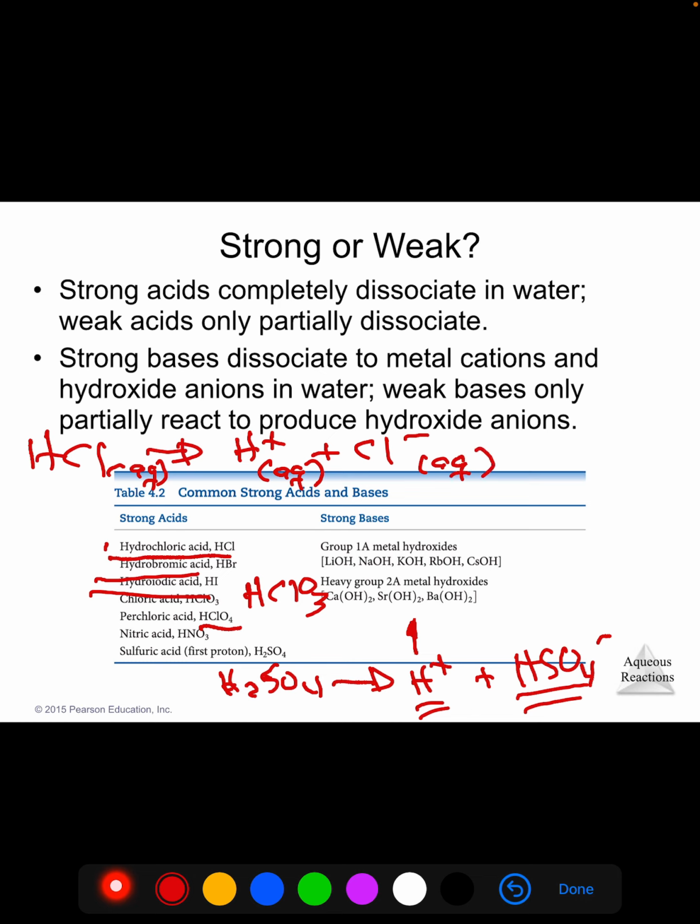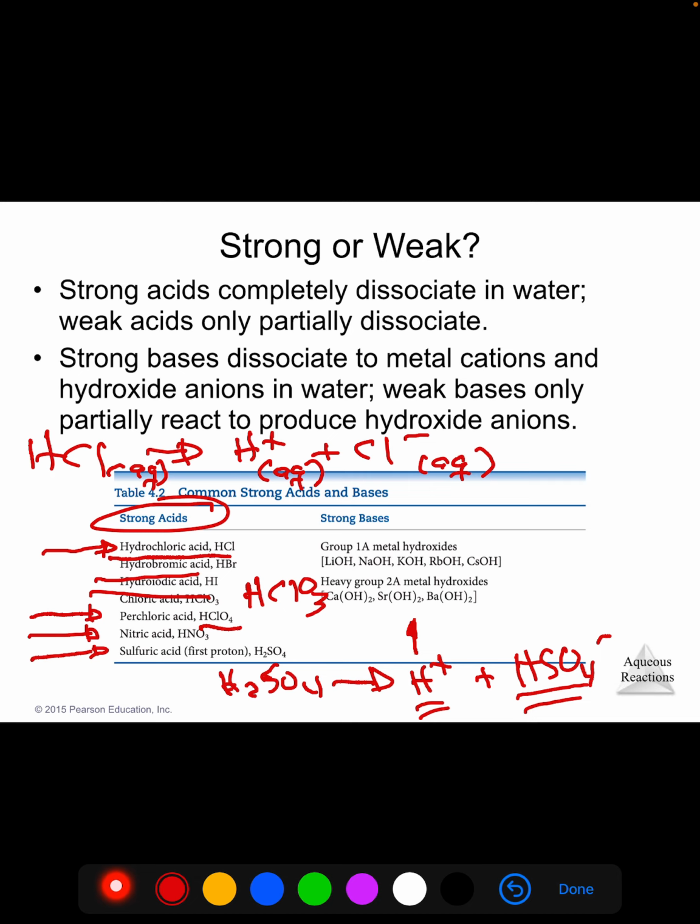Sometimes those state functions are important. So these are the strong acids, and these are really the only strong acids. They usually make people memorize them, but the ones we commonly encounter in the lab, at least the teaching lab, perhaps more in a research lab, are hydrochloric, perchloric, less so, nitric, and sulfuric.